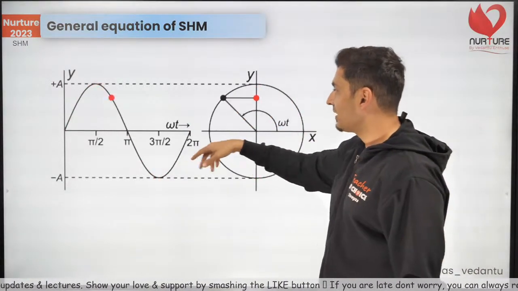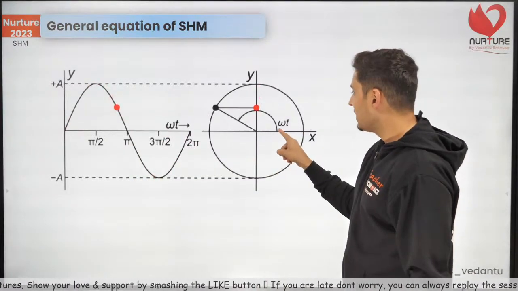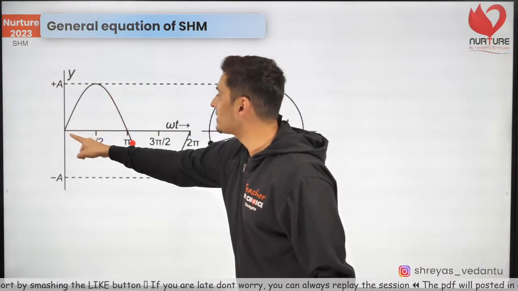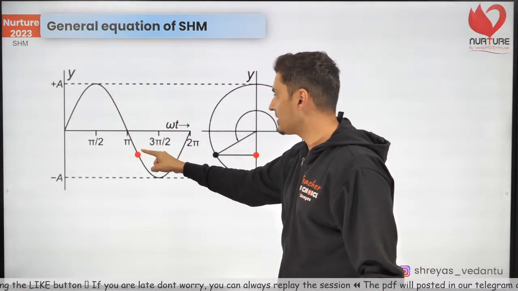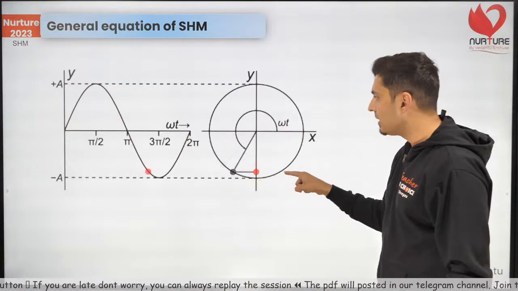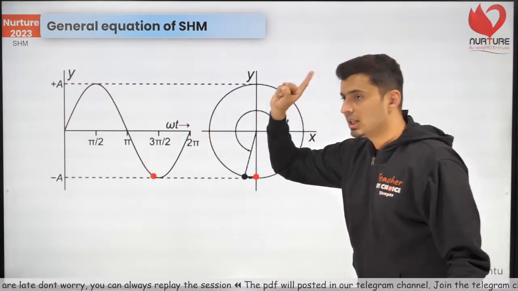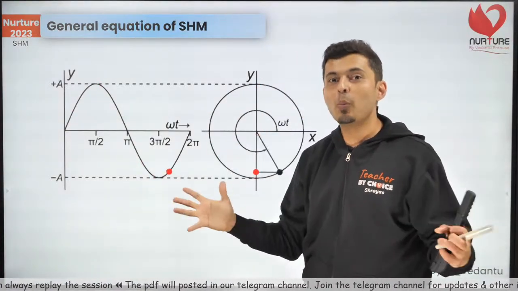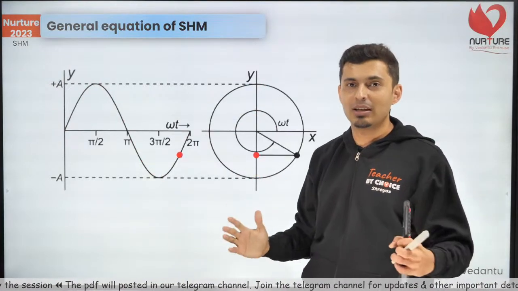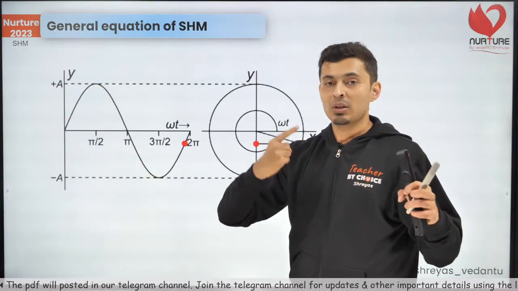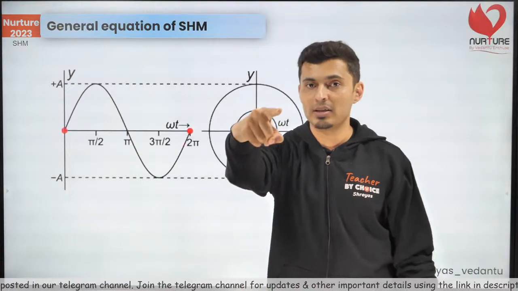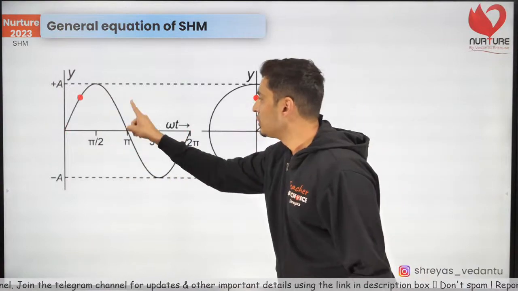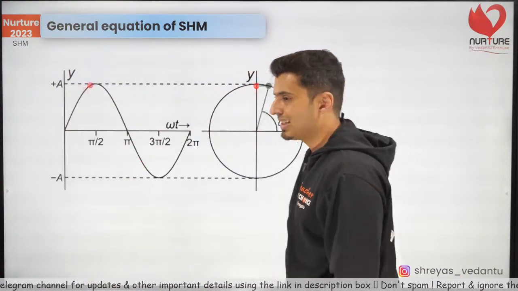If you draw the graph of the phase, look at it. If the black particle starts from here, it slowly starts increasing the phase angle, and once it completes one revolution, it covers a phase of 2 pi radians. So now it makes sense why 2 pi radians is always associated with one complete oscillation. So one complete oscillation is how much phase, my dear warriors? It is 2 pi radians. That's what you can see.